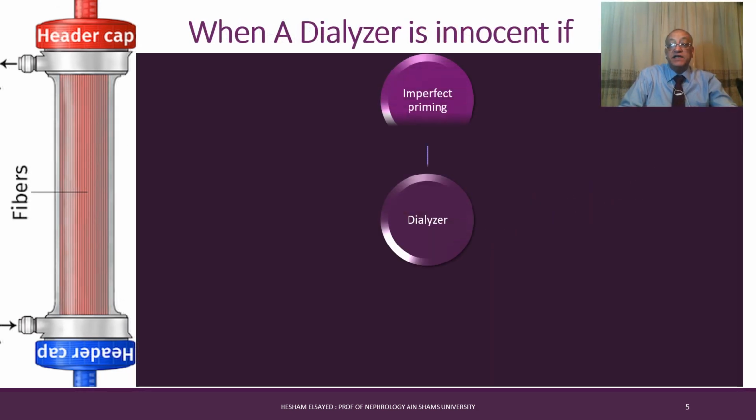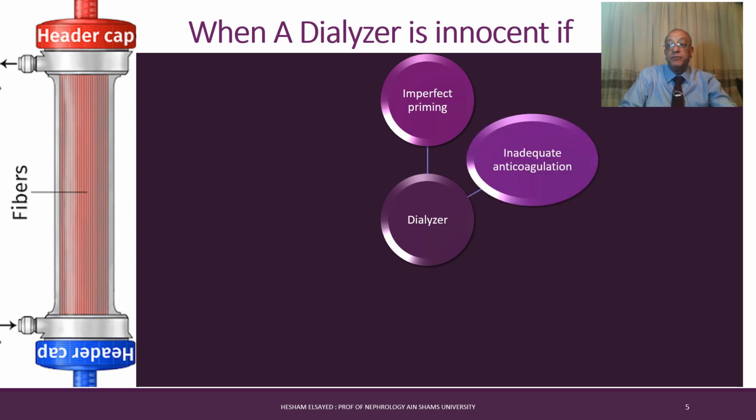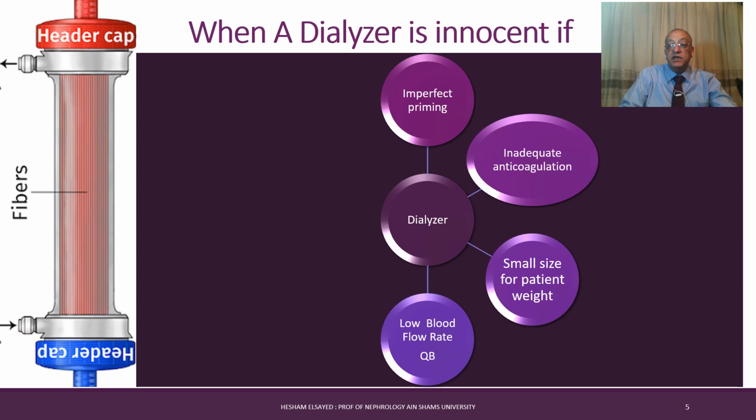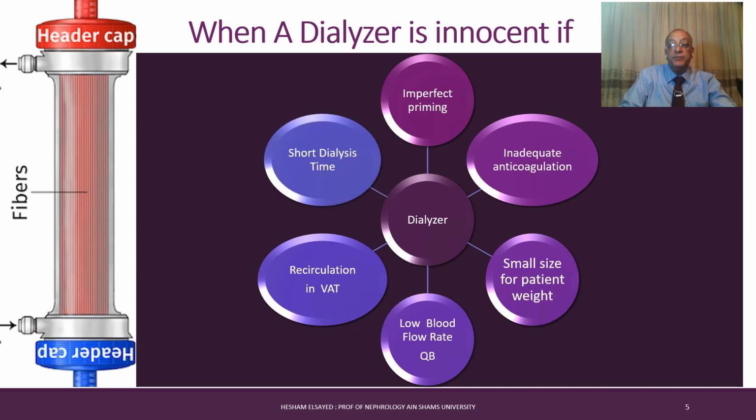A dialyzer is innocent if the nursing is doing imperfect priming, inadequate anticoagulation, if it's small for the patient weight, if there is low blood flow rate, Qb, or recirculation in the vascular access, or the dialysis time is short.